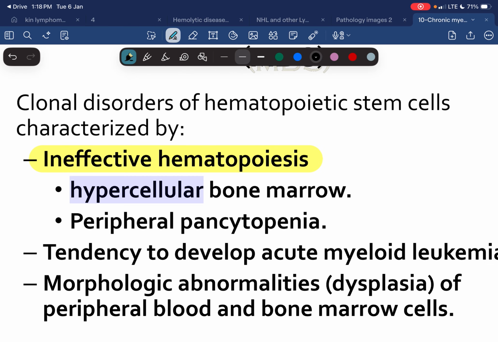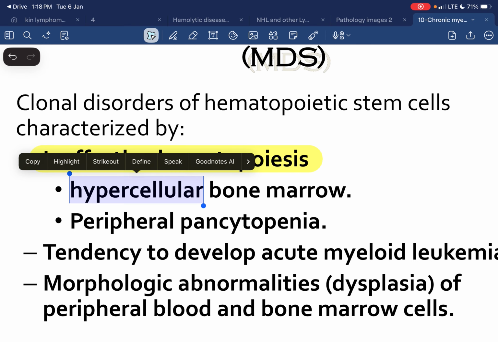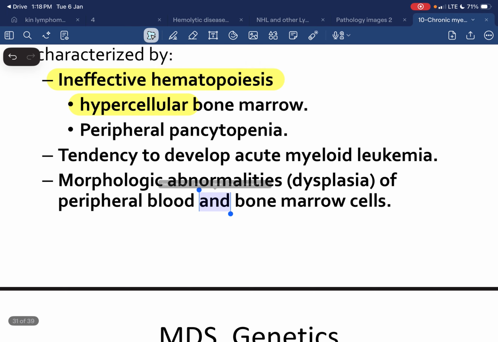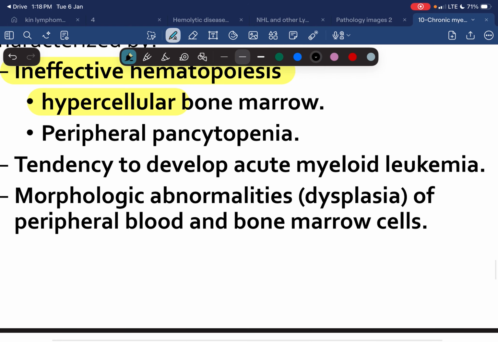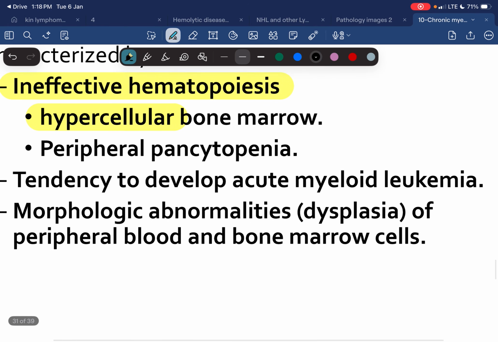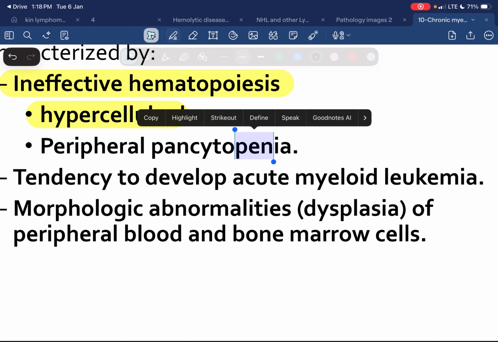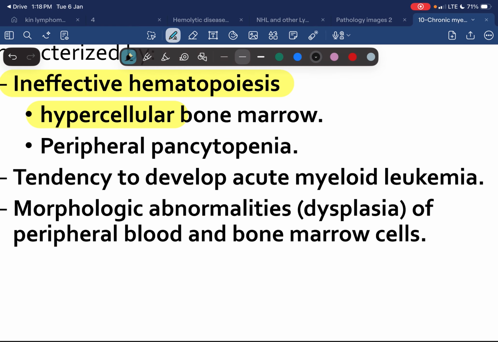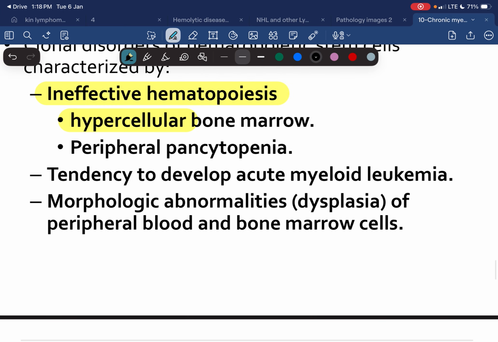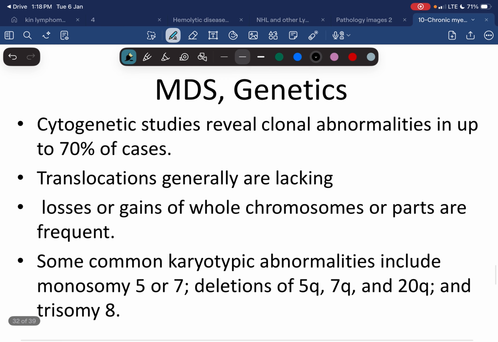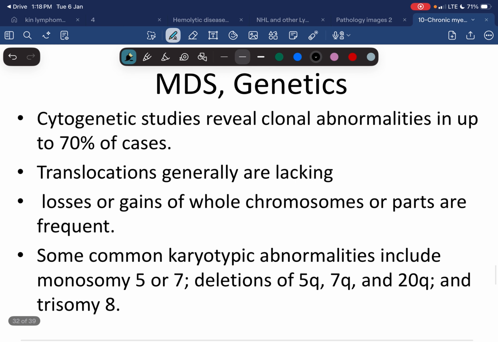Okay, so we have pancytopenia in peripheral blood and hypercellular bone marrow. The bone marrow is hypercellular due to infiltration by dysplastic primitive cells affecting all cell lines, megakaryocytes, erythroid precursors, and granulocytic precursors. Hypercellular, congested bone marrow, pancytopenia at the peripheral blood, dysplastic features in the precursor cells in the bone marrow. Okay? Myelodysplastic syndrome.